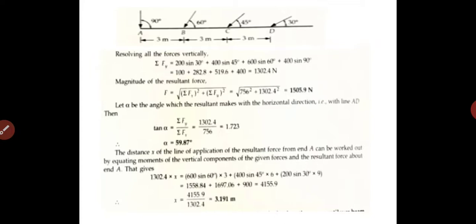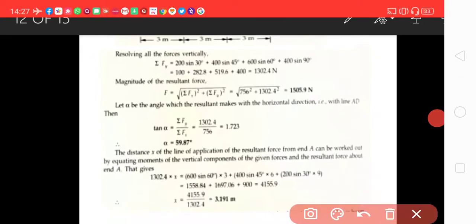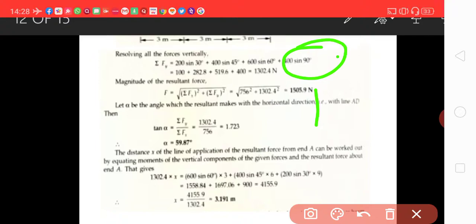Now summation of vertical components of these forces, that is 200 sin 30, 400 sin 45, 600 sin 60, now resolving it gives you 200 sin 30 plus 400 sin 45 plus 600 sin 60 plus 400 sin 90. As we know, its horizontal component is 0, sin 90 is 1 or cos 90 is 0.